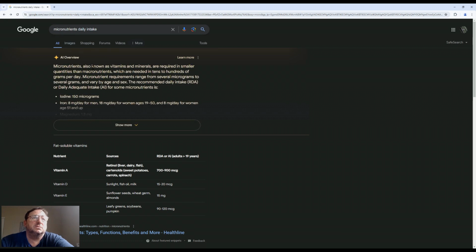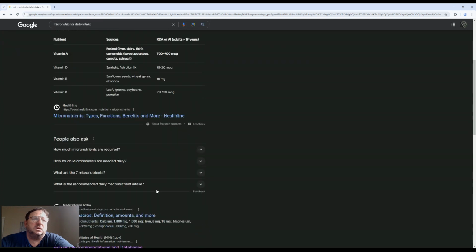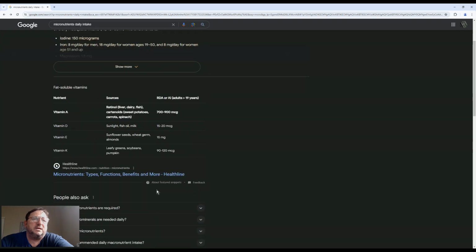That would be macronutrients. So for macro you have carbs and meat, and for micro you have all those vitamins, veggies, and things like that. And you need to see the daily dose. Yeah, it says on that USDA site 2 cups, 3 cups.